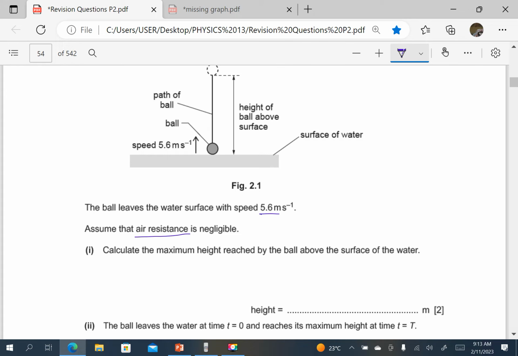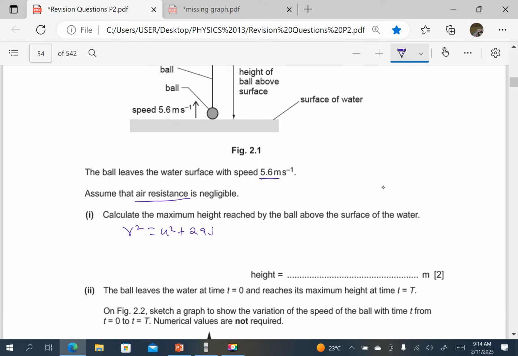Air resistance is negligible, so equations of motion can apply because the acceleration is going to be constant. Therefore, we can use v squared equals u squared plus 2as because we want maximum height. When it reaches the maximum height, v is 0. So we shall say 0 equals initial velocity 5.6 squared minus, because it was moving upwards, 2 times 9.81 times the maximum height h.